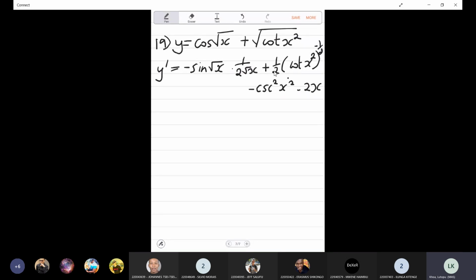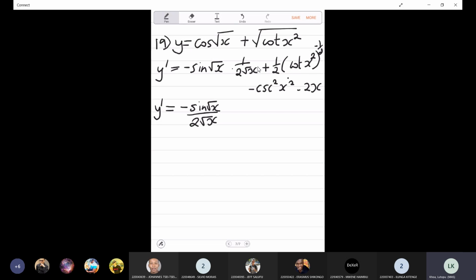And then you just write it nicely. You can see this half and the 2 will cancel. So we have y prime, this is negative sine square root of x divided by 2 square root of x. That's combining these as a single fraction.